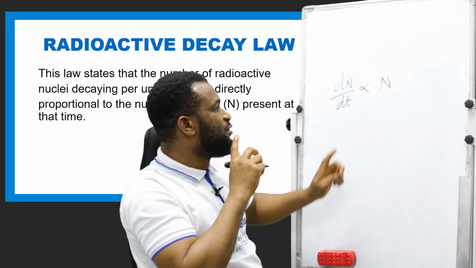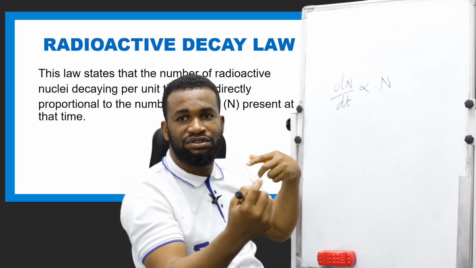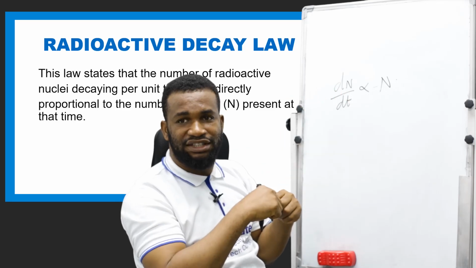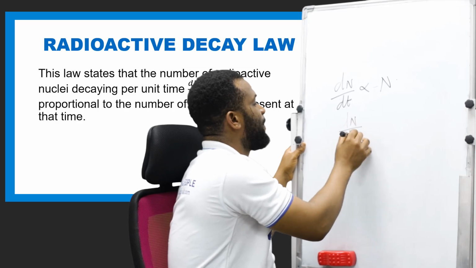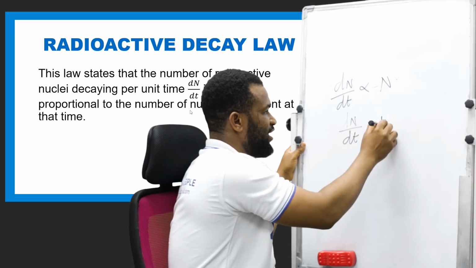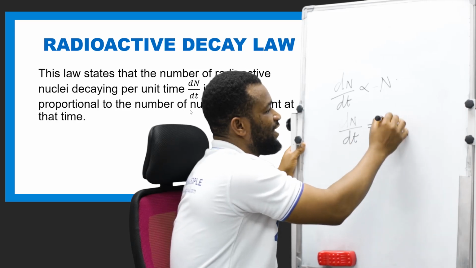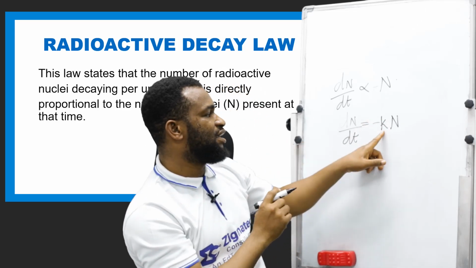Remember in mathematics that when you are using proportionality, you have to remove the proportionality sign. Therefore, we say that dN/dt is equal to minus kN. This negative sign has to be there.